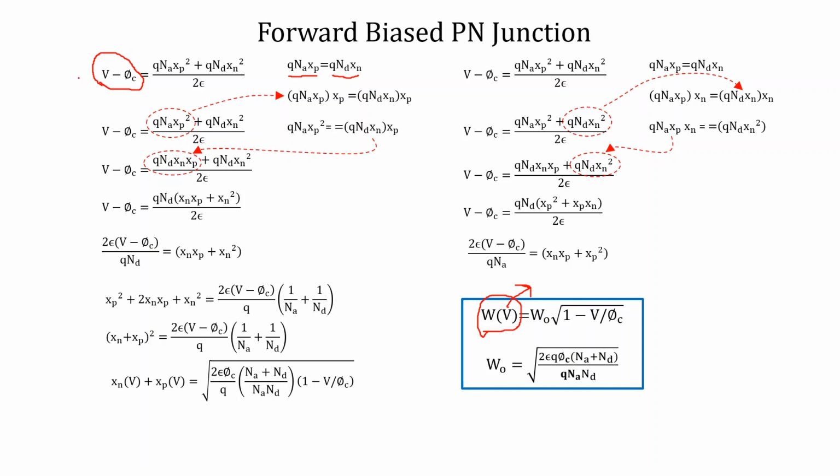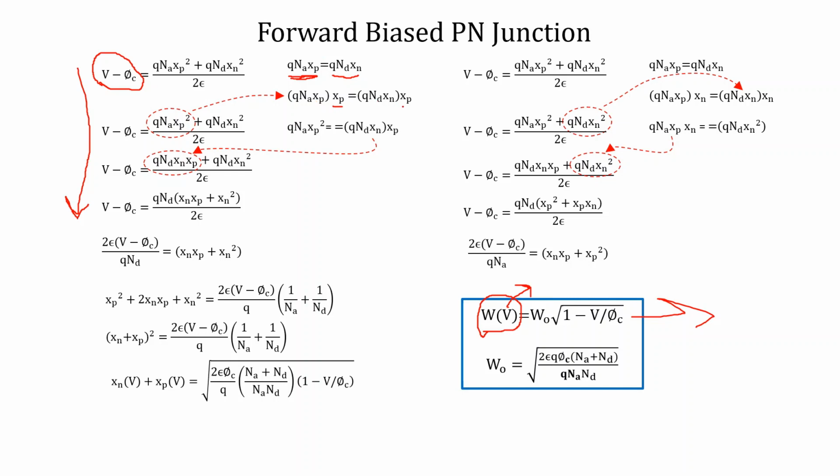Now we need to rearrange and do some simple mathematics to arrive at this expression. If you look here, this is q Na xp square. So this can be made equal to q Na xp square if we multiply both sides by xp.